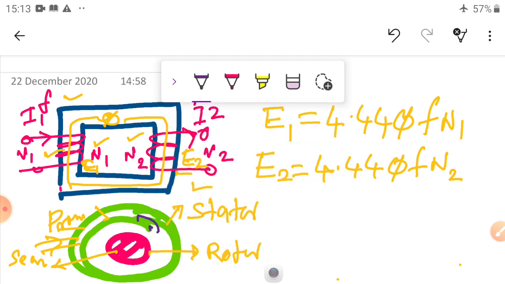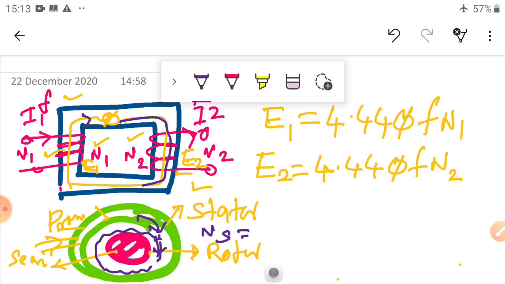That magnetic field rotates in the air gap and flows in the core, a closed path, rotating at synchronous speed ns. The field is rotating while the winding is static.